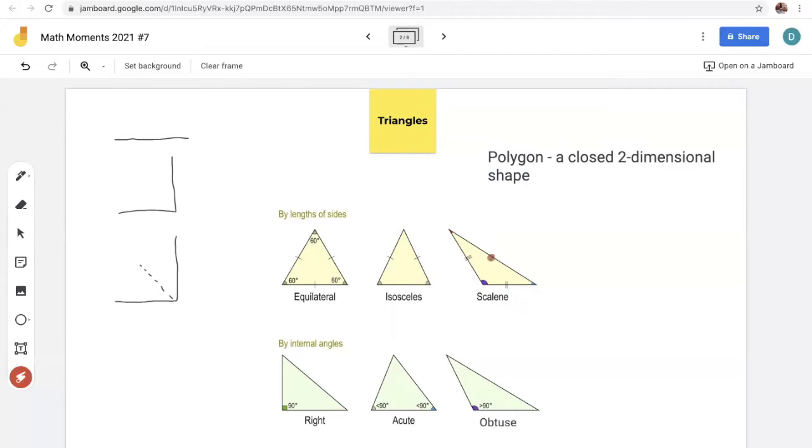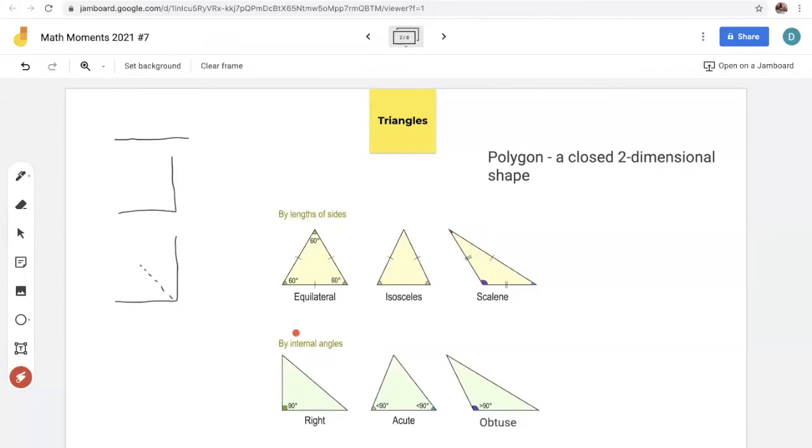You can see there's a 1 here, a 2 here, and a 3 on that third side, and that signifies that all 3 of these sides are different. So when reading those markings, the markings that are the same signify the same lengths.